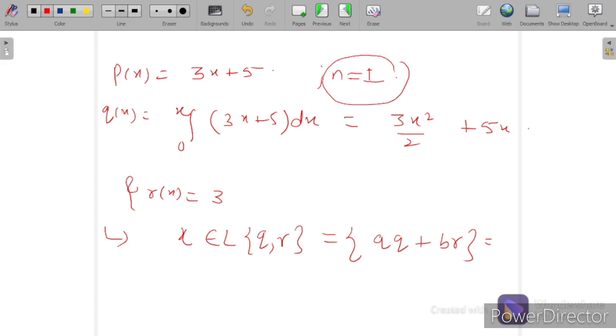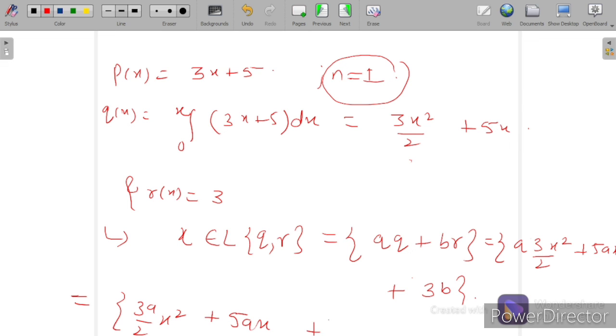This will be equal to a times q of x, 3x square by 2 plus 5ax, plus 3 times b r. So the linear span of q and r is equal to 3a by 2 x square plus 5ax plus 3b.